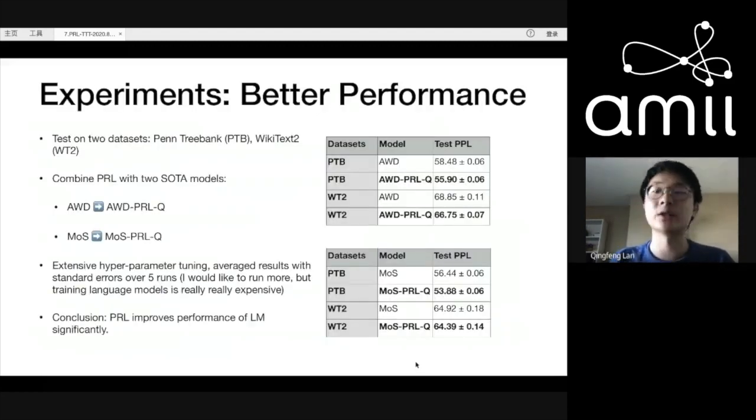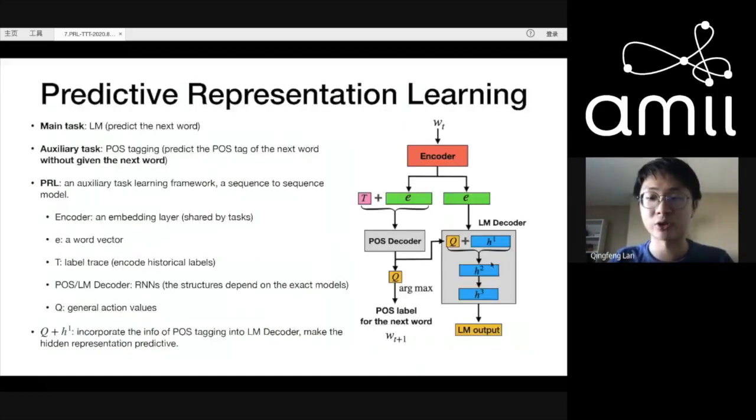We then tested this PIL with some experiments. We tested on 2 data sets, Penn Treebank and WikiText-2. We also combined PIL with 2 models. One is called AWD, another one is called MoS. That's why I say the structure here is dependent on the exact models. So if you are using AWD, you will use the structure of AWD.